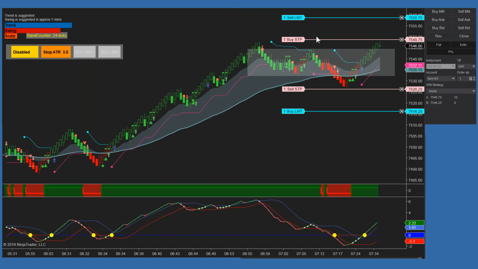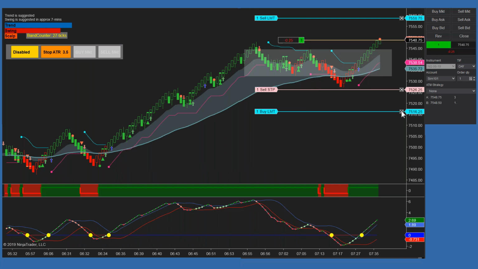All right, here we go. We're going to check out the top end now, looking at the little bit of a retest that we get after we hit that high.